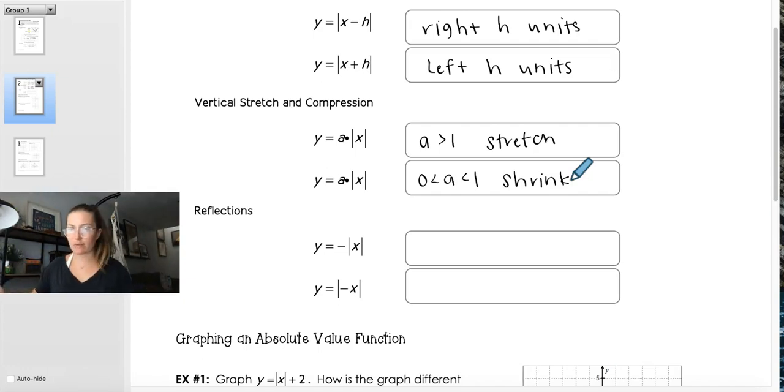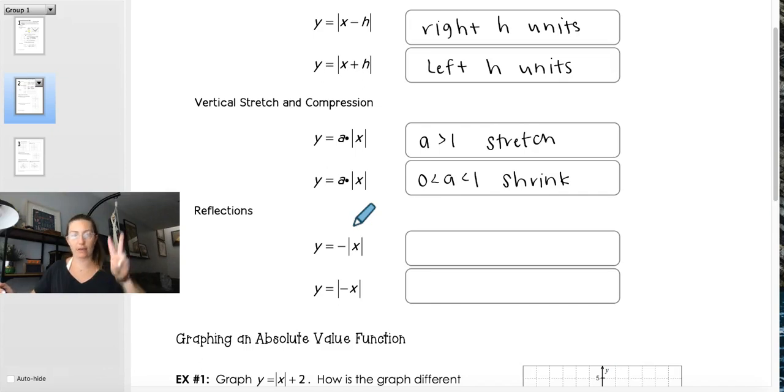Okay, next one, reflections. So again, reflections, this one is on the outside. Okay, this can sometimes be a little bit harder to think about, but I think you guys will understand. Okay, so it's on the outside. So I said everything on the outside is vertical. It has a vertical transformation.